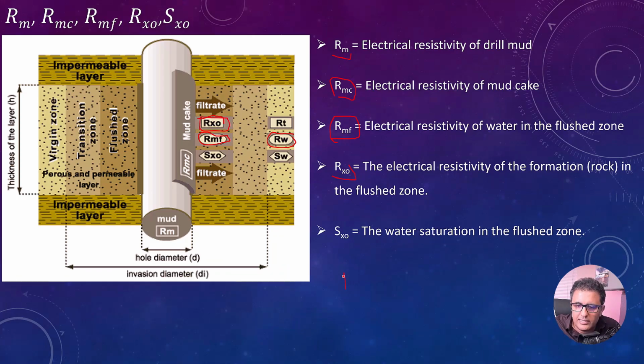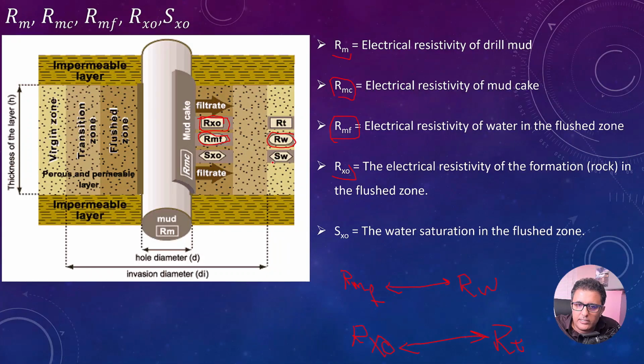Okay, just let me say something. RMF versus RW. And here we have RXO, that is related to the rock resistivity, versus RT. At the same time, you see that SXO is the water saturation in the flush zone.